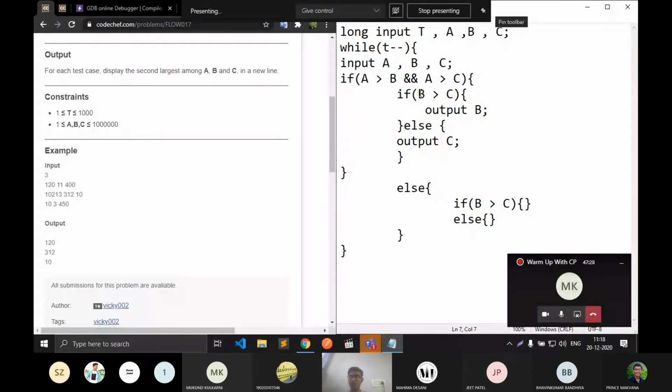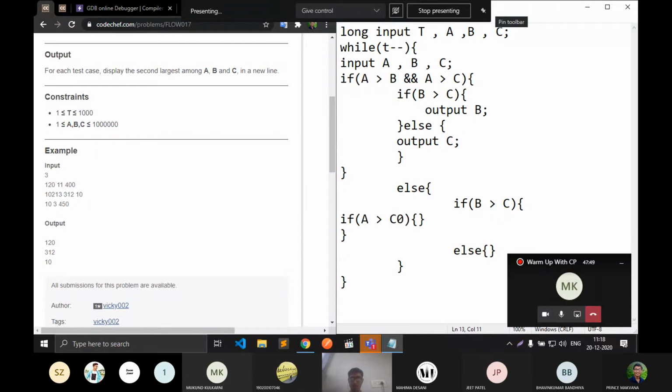If a is larger, then b is second if b is more than c, otherwise c is more than b and c is second. Check for b: if b is more than c, then b is first, so who is second? Check if a is more than c.